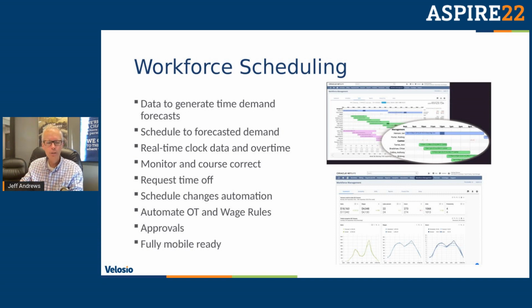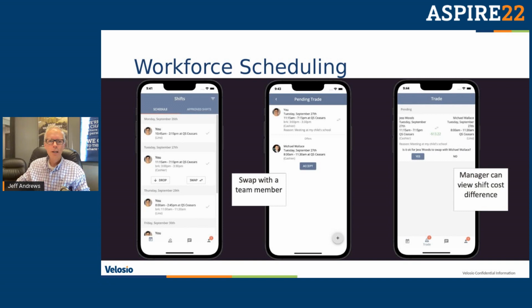That'll automatically go out to all my peers and they can see it in real time. Now we can trade off and swap, and I don't have to go to my manager and say, I can't work next Thursday, and then it's their monkey on their back. It's all done in real time from the NetSuite mobile app, so it's much more efficient and automated. So lots of capability there. You see a couple of screenshots here, showing what I painted in the app, where I can swap and make sure I've got my shift covered so I don't put that on my manager.